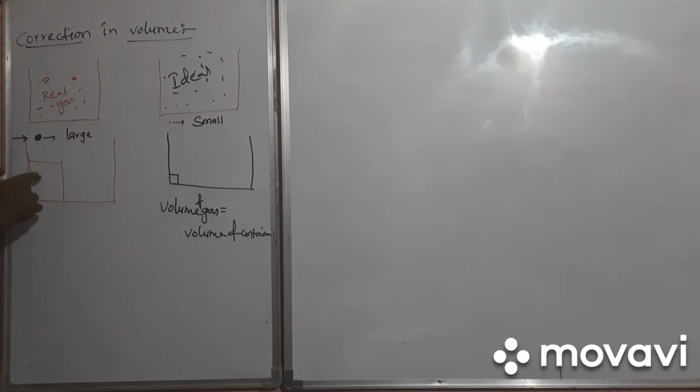The area occupied by the real gas molecules is unable to be neglected when compared with the total volume of the container. Here we have to consider the volume occupied by the real gases.